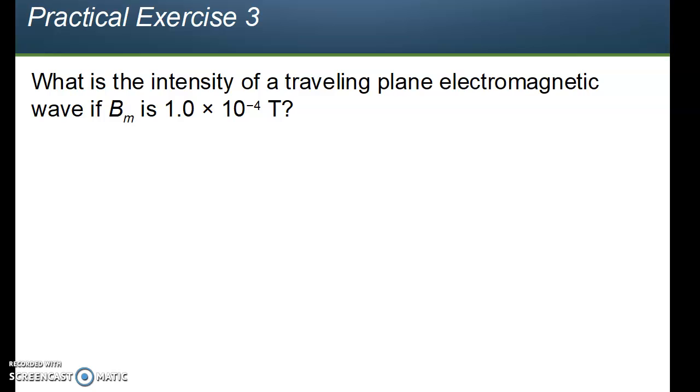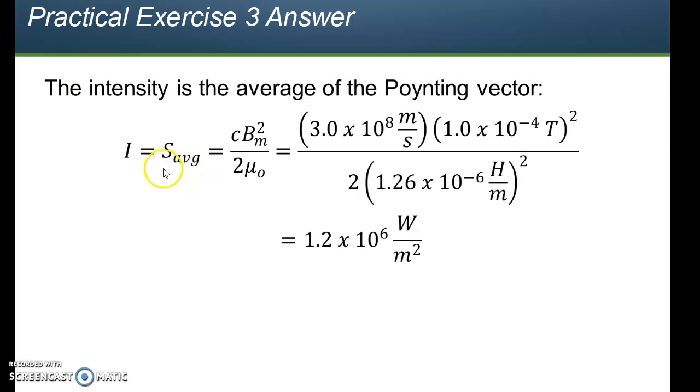And so that is going to be given by c, this value squared, divided by 2 and the permeability constant, isn't it? So the I, the intensity, is that Poynting vector average, speed of light, that magnitude of the magnetic field squared, divided by 2 times this permeability coefficient.